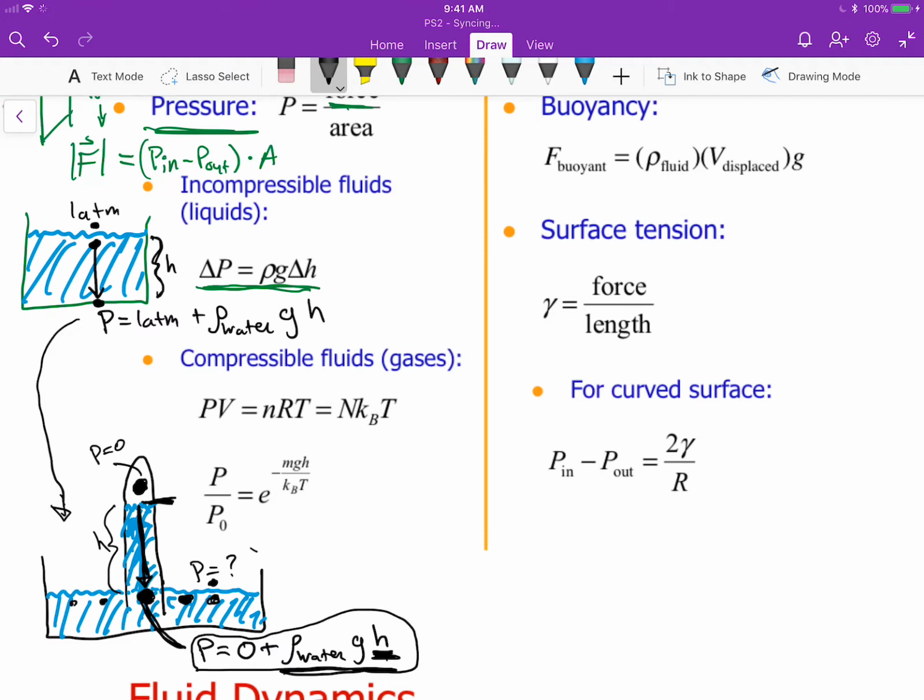And if you're on Earth and we have water, this is going to be 10 meters for water. Or if you have something like mercury, then we're not going to have rho of water, so this rho could be rho of mercury instead.